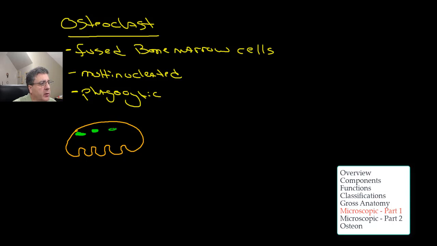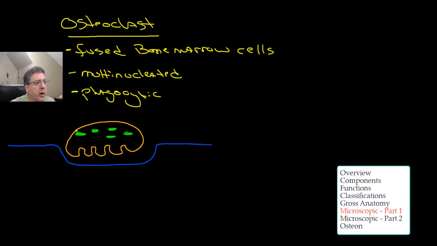So this is multinucleated, because bone marrow cells fuse together, so now we have multiple nuclei in here. It has a ruffled border on here, and let's do the bone in blue. B for bone, B for blue. So this is going to be the surface of the bone. It dips down and comes in.